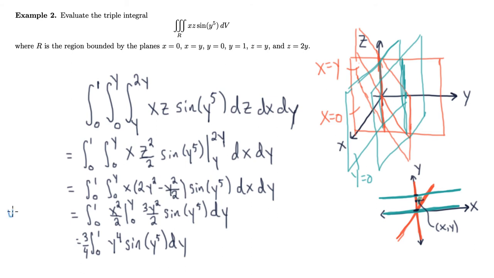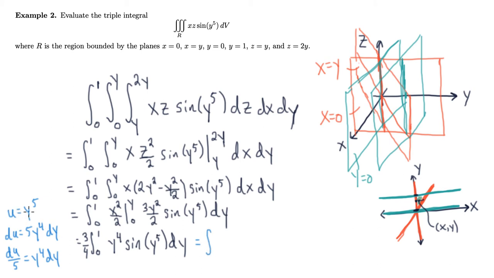So we want to let u be y to the fifth, then du is 5y to the fourth dy, or du over 5 is y to the fourth dy. And so we can change our y limits. They're still just going from 0 to 1.